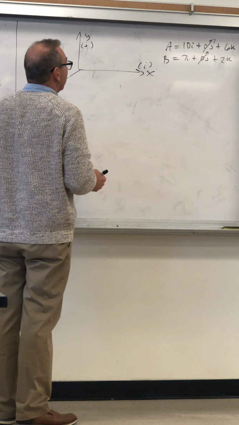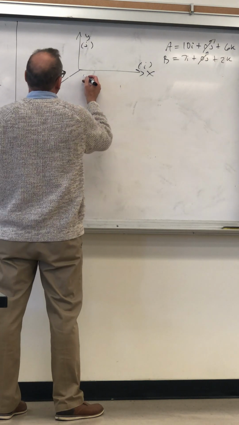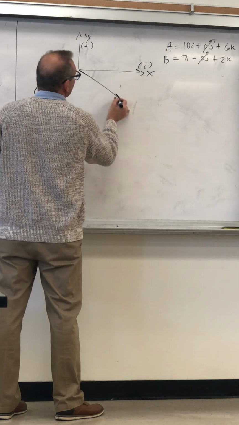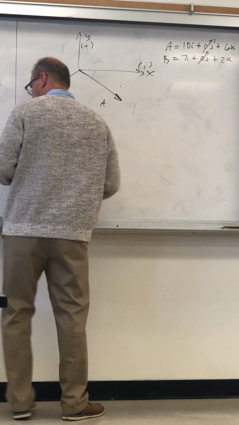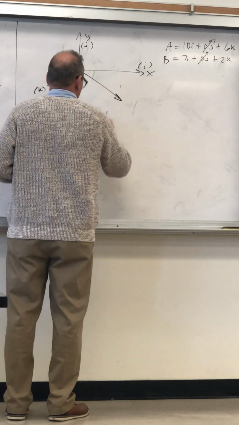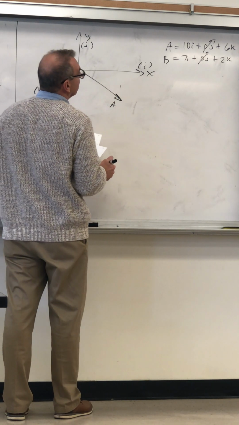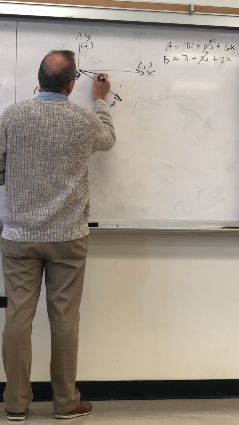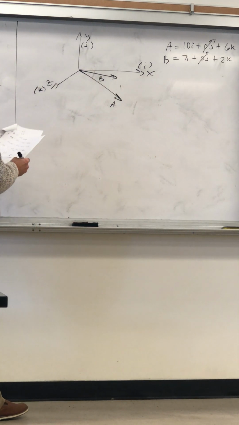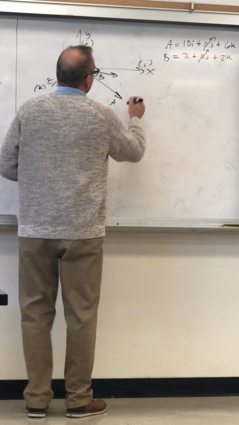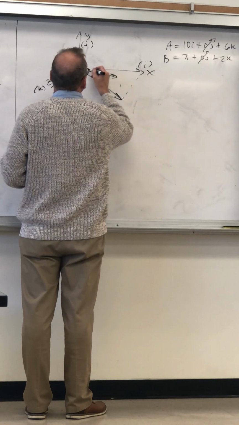So we have A is 10 and 6. This is the A vector. And the B vector is like this, shorter than A. And so here, this was 10.